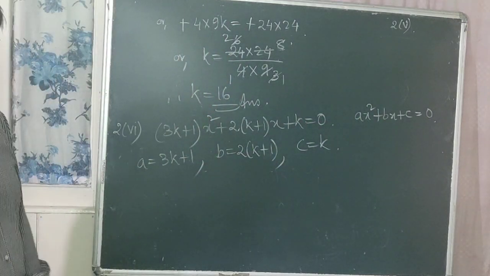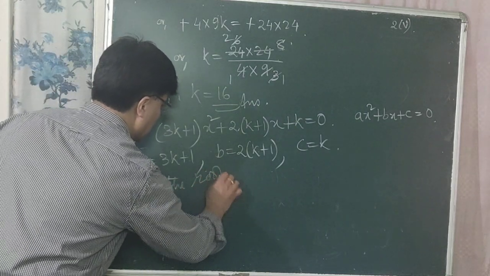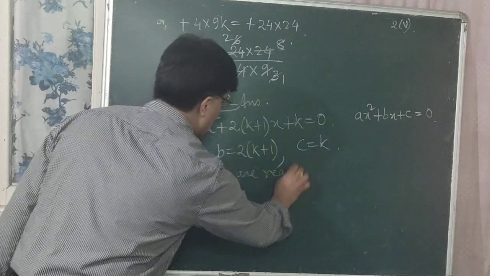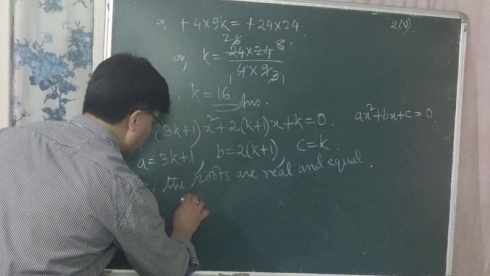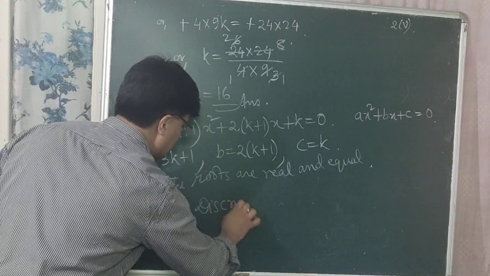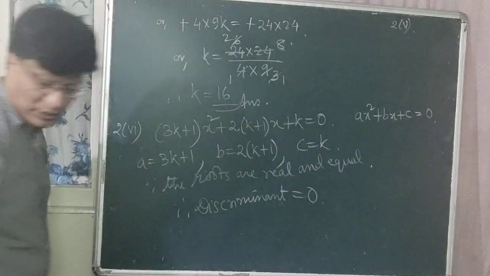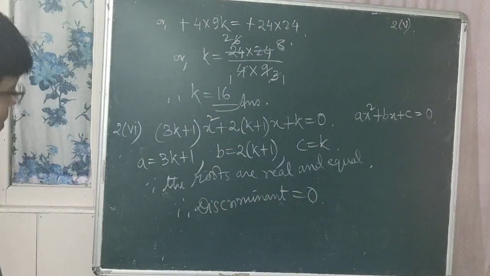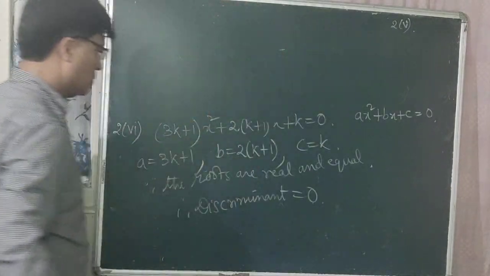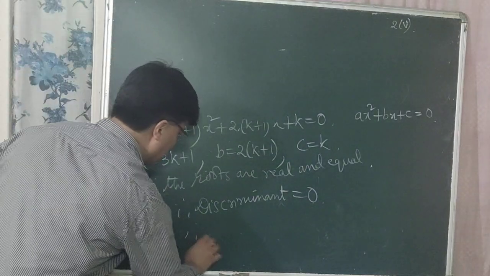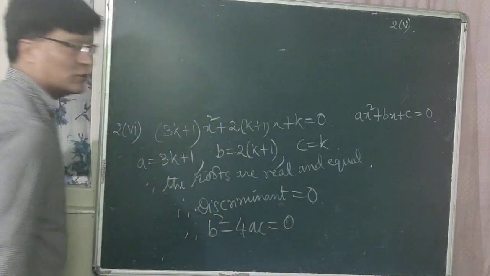Now since the roots are real and equal, therefore the discriminant is equal to 0. Now what is the discriminant? Actually b square minus 4ac is equal to 0.